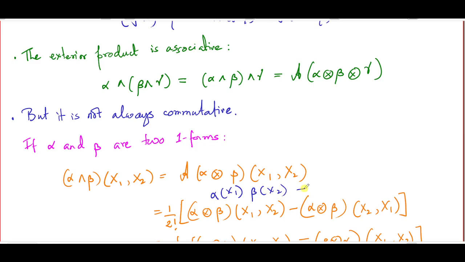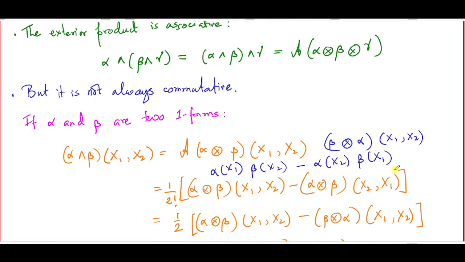And this, again according to the same definition, is alpha acting on x2, beta acting on x1. Now, the second term can also be written down as beta tensor product with alpha acting on the same arguments x1, x2. Note that this is of course beta x1 times alpha x2, which this is exactly equal to.